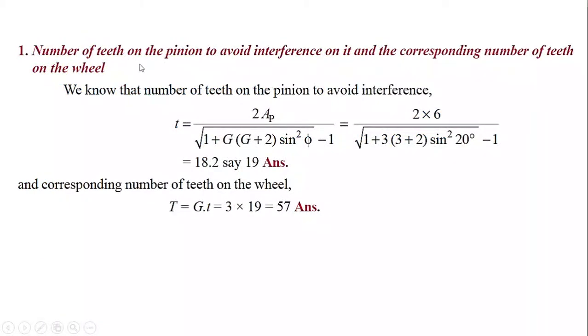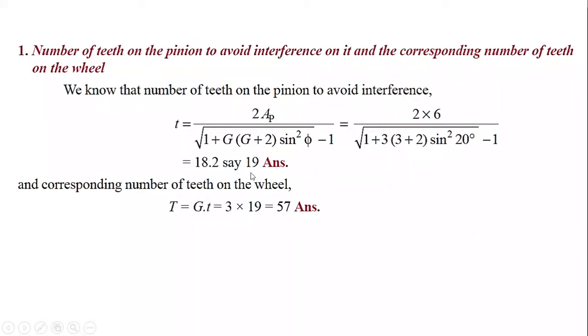First one is the number of teeth on the pinion to avoid interference on it, and the corresponding number of teeth on the wheel. Using this relation, we know the number of teeth on the pinion to avoid interference.